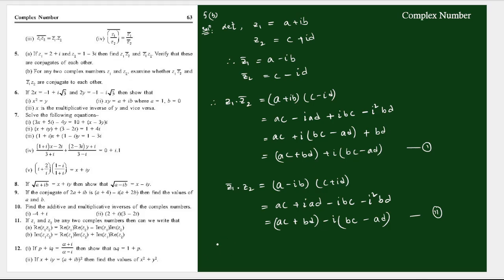So we can write down from 1 and 2, we get z1 into z2 bar and conjugate of z1 into z2 are conjugate to each other.